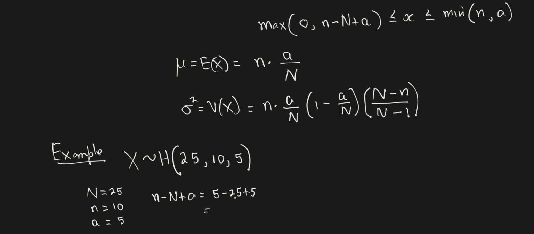So this ends up being negative 10, right? So when we take the maximum of 0 and negative 10, obviously we're going to get 0.